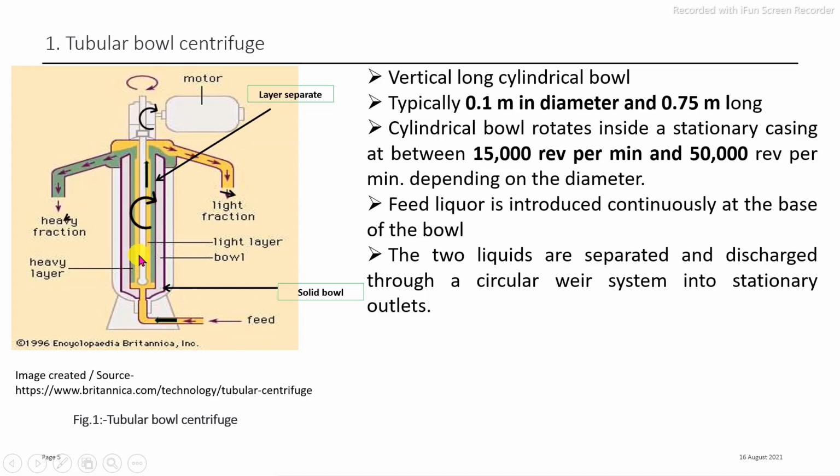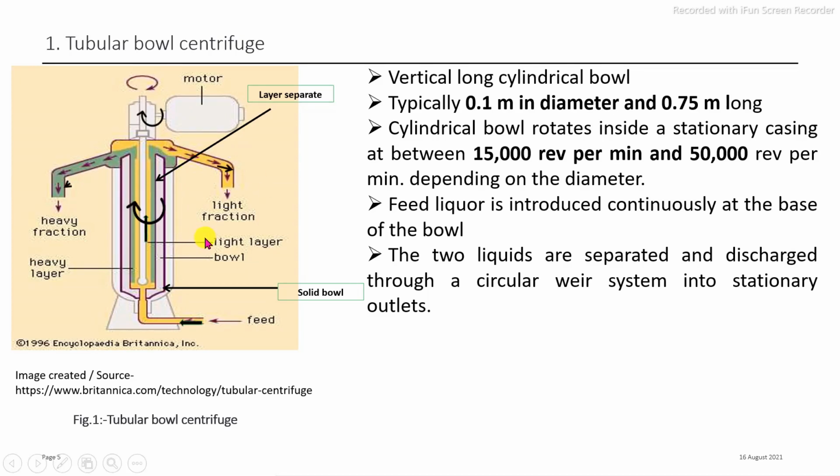When the liquid enters the rotating bowl, due to the centrifugal force, the suspended particles, the heavy or unwanted denser particles, are deposited on the rotating bowl, and all the remaining clarified liquid passes into the center into the discharge line, if this tubular bowl centrifuge is used for the clarification process.